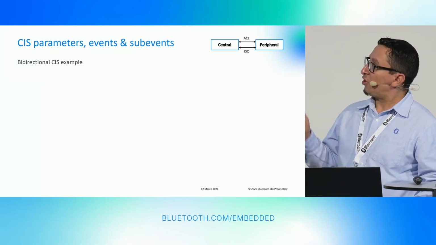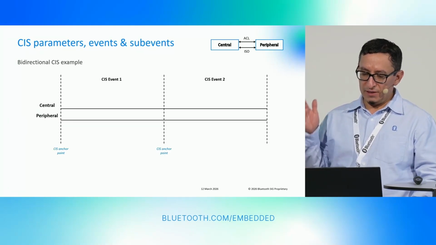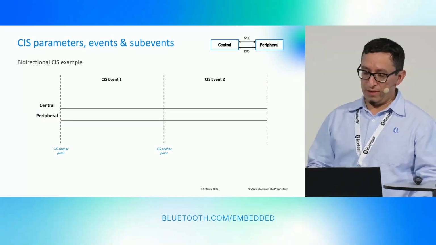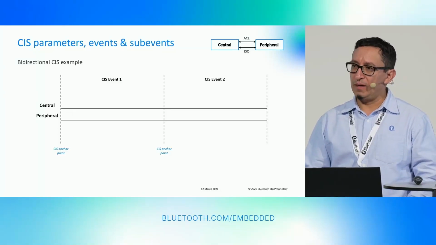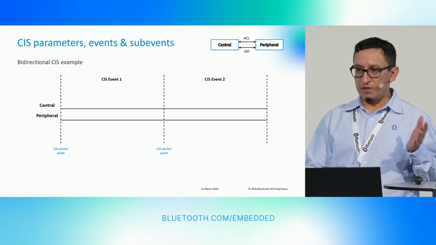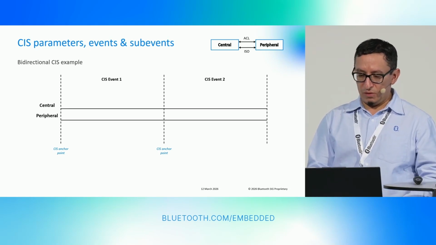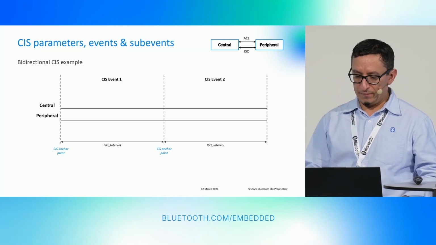Now, connected isochronous stream events, which I'm going to show here, start at a moment in time that's called the CIS anchor point. Those anchor points are regularly spaced, which means all CIS events have a constant time interval that's equal to the ISO interval.